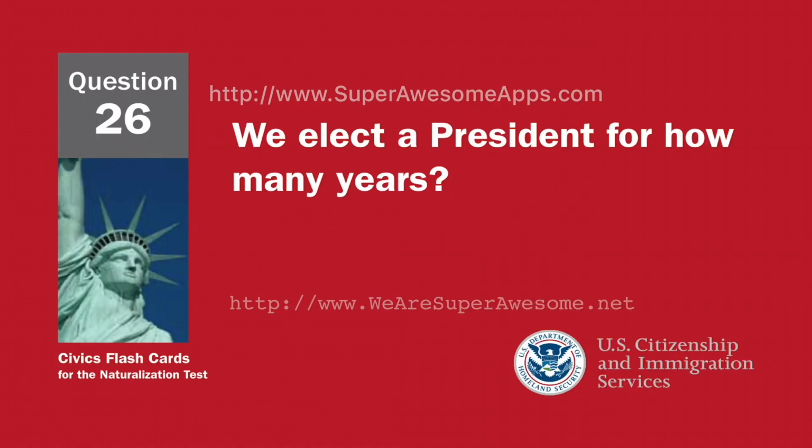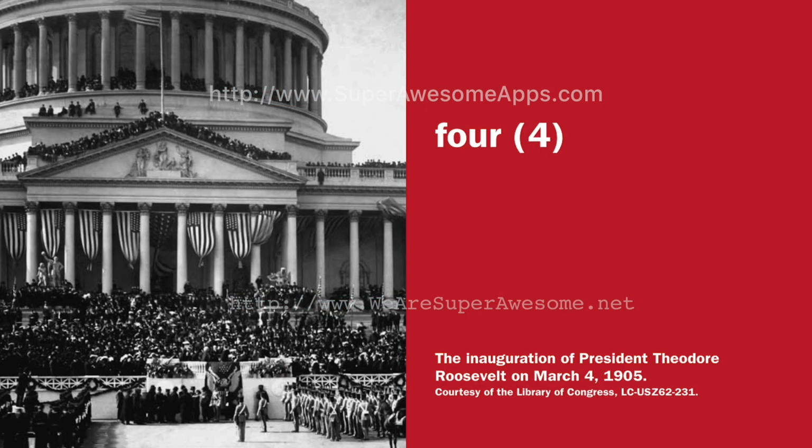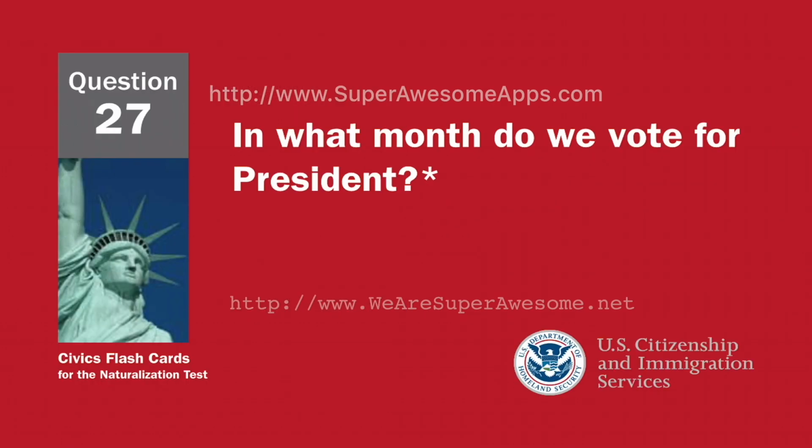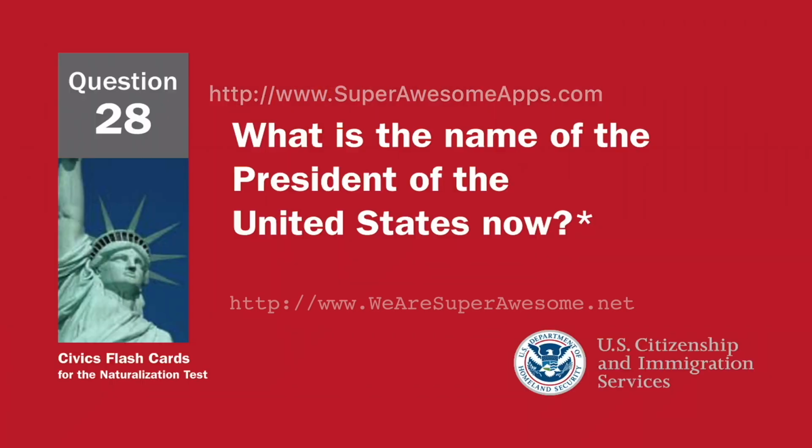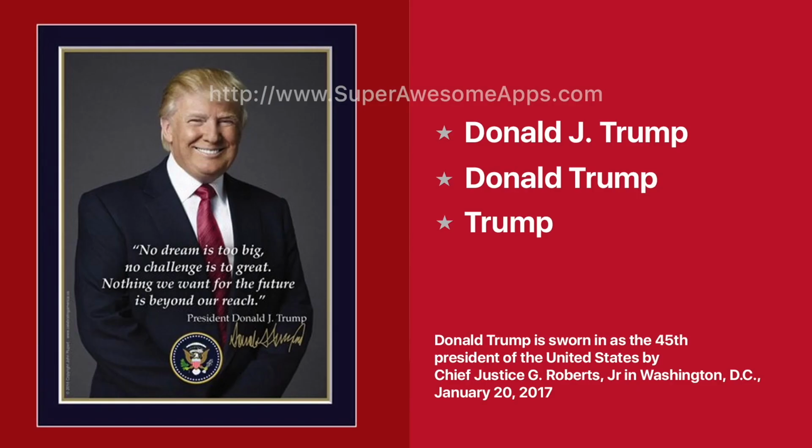We elect a president for how many years? 4. In what month do we vote for president? November. What is the name of the President of the United States now? Donald J. Trump.